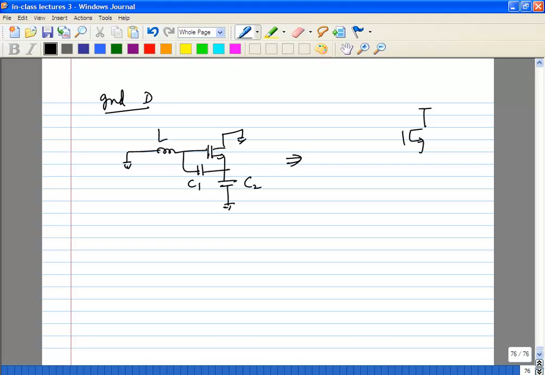Did I say common collector? Common drain, common gate or common source amplifiers to create the oscillator. So that's what we're doing. With biasing it looks something like this.